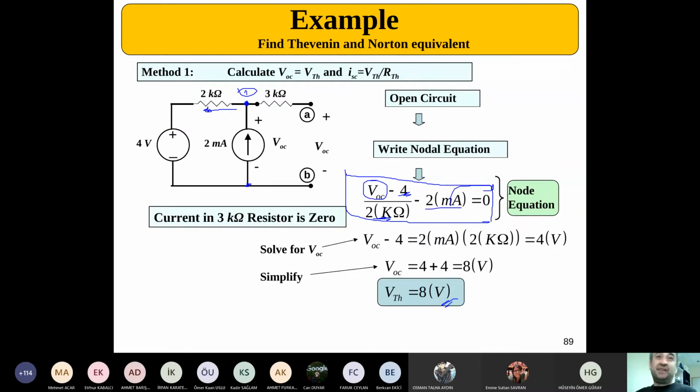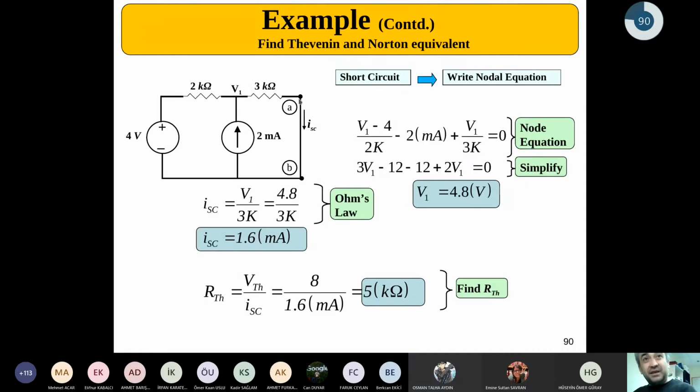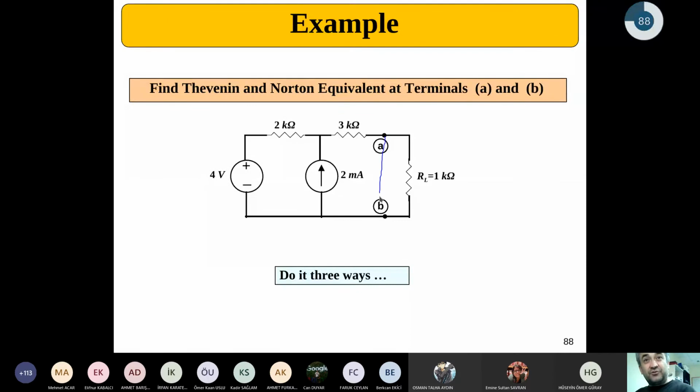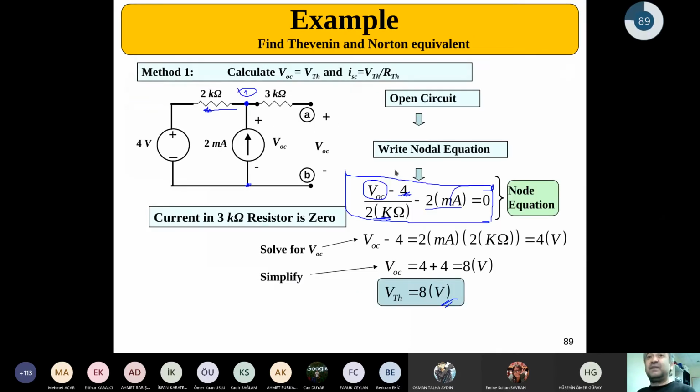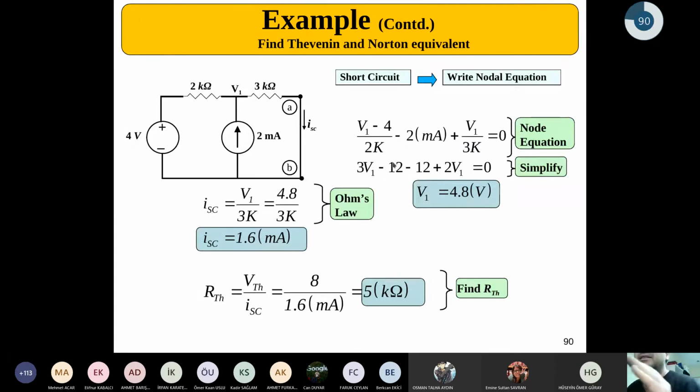Thanks for not answering. Let's go to the short circuit analysis. Just short circuit these two terminals and calculate the current passing through that. That will give us the Norton current.